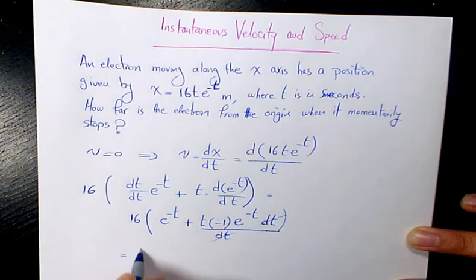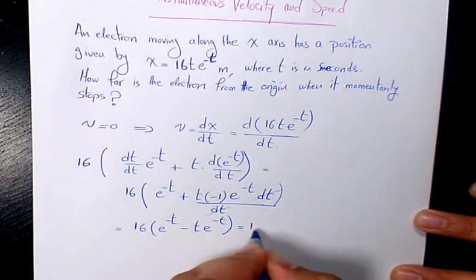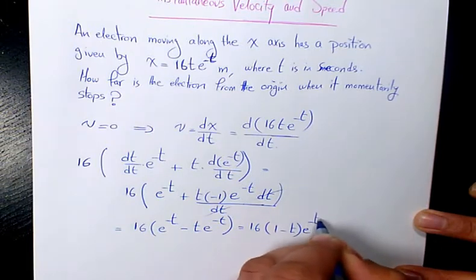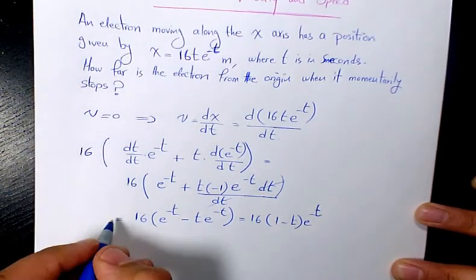So it will be 16 e^(-t) minus t e^(-t), or we can say 16 times (1 minus t) times e^(-t). So this is the velocity.